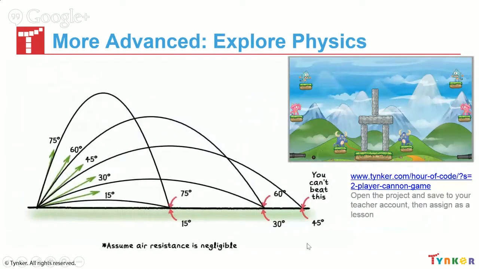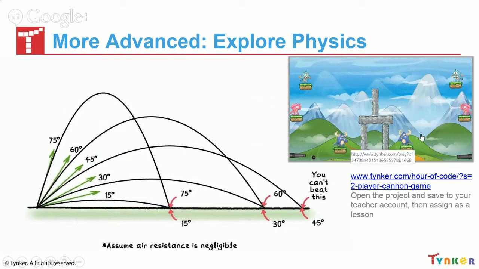Now, for more advanced students, you can use physics-based games to explore math as well. This was another game that we launched for Hour of Code. It was called our two-player cannon game. Again, it's a half-built game that actually has the code for one of the cannons created, but not for the other.